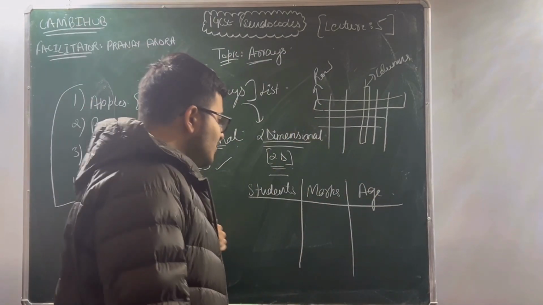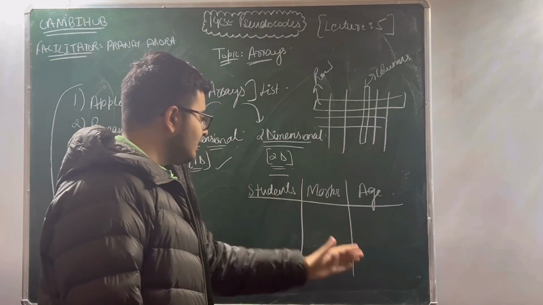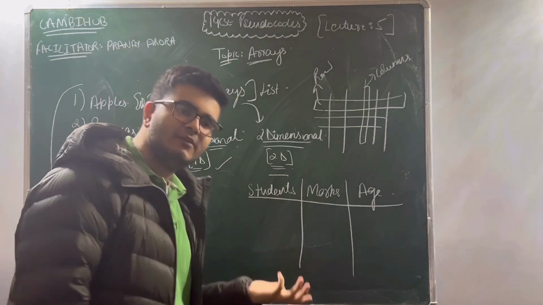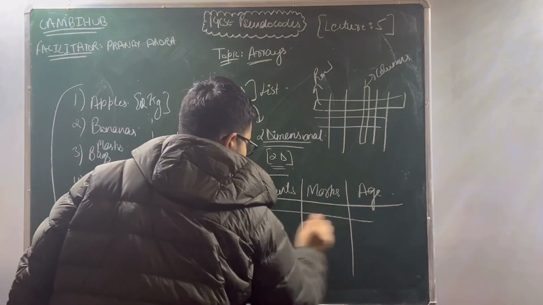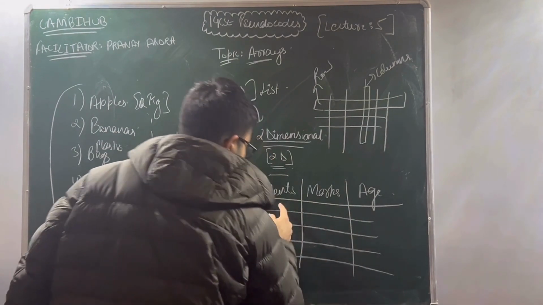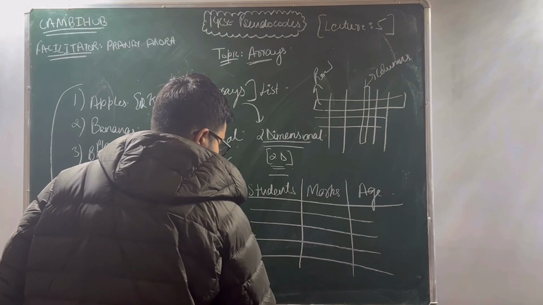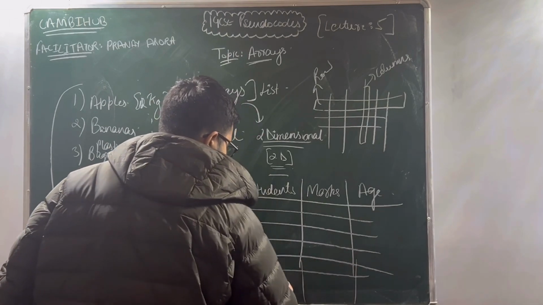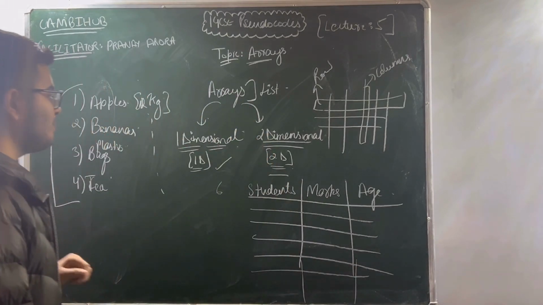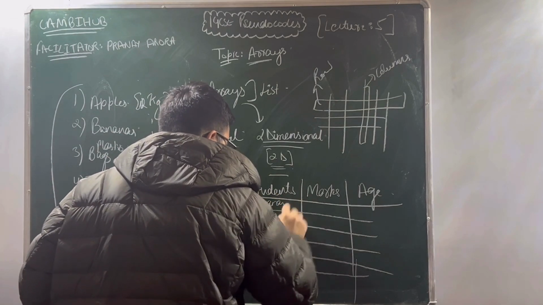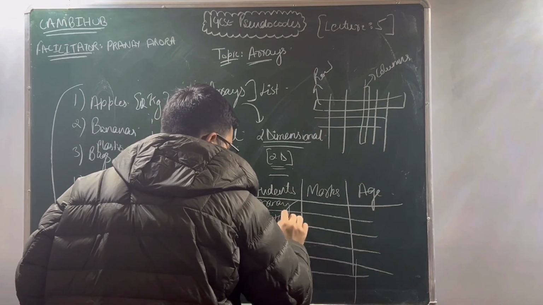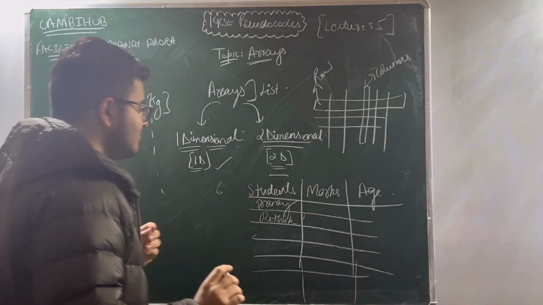So how many columns do I have? I have 3 columns. And depending on the number of students, I will have rows. For example, I have 6 students, so I'll have 6 rows: 1, 2, 3, 4, 5, 6. Let's say Pranay as a student, Ritik as a student, I'm just taking the names of my friends.